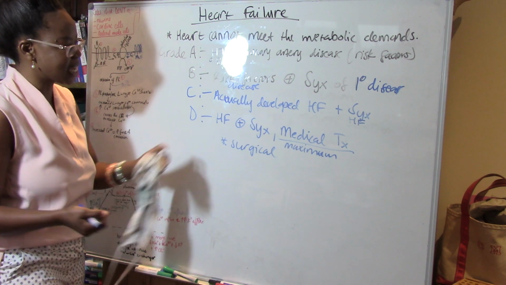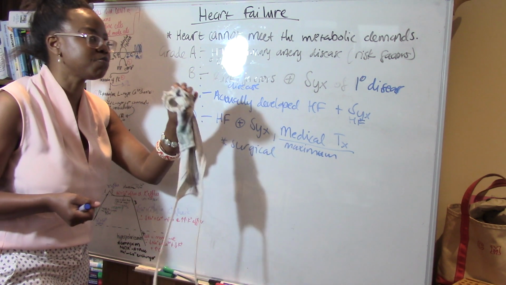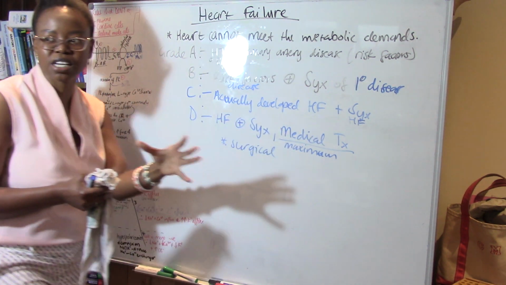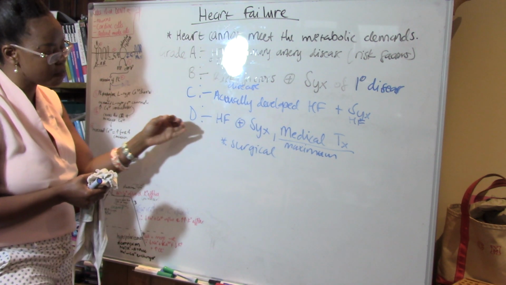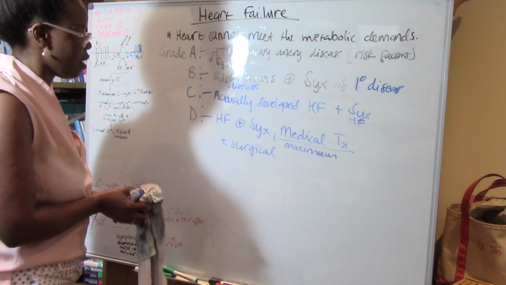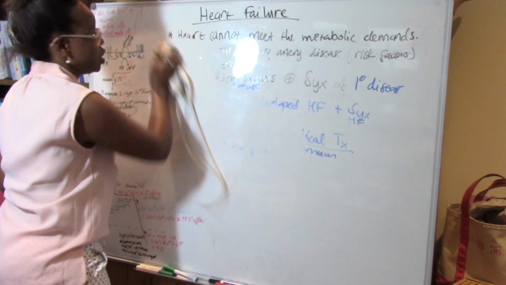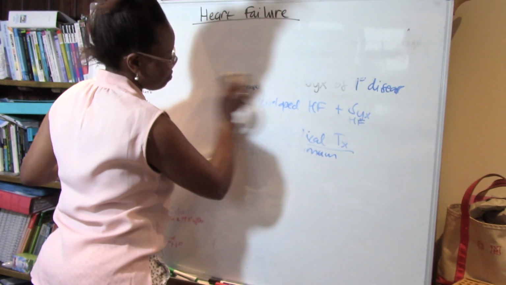So these people in stage D have already been treated medically, and medical treatment has failed. So the next stage is to look into surgical therapies, including heart transplant. So this is how we grade heart failure.